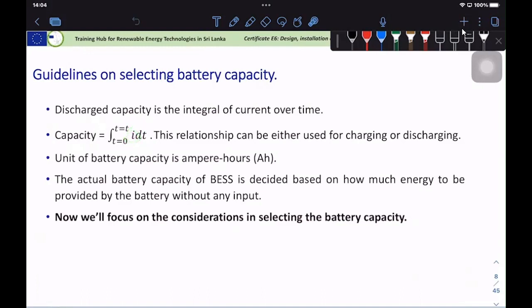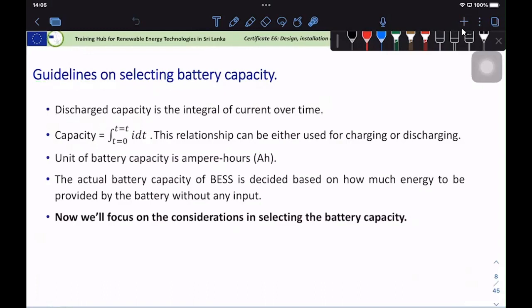So we need to integrate it with respect to time, over time. And the unit of the battery capacity is given in ampere hours. So these are some terminologies or parameters that will be helpful to understand the guidelines on selecting the battery capacities.